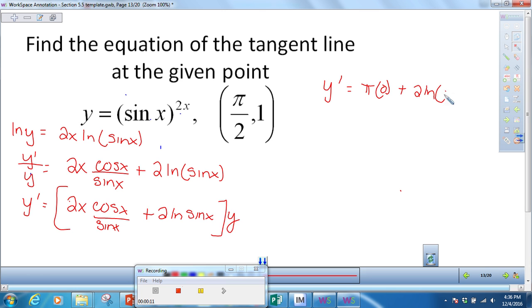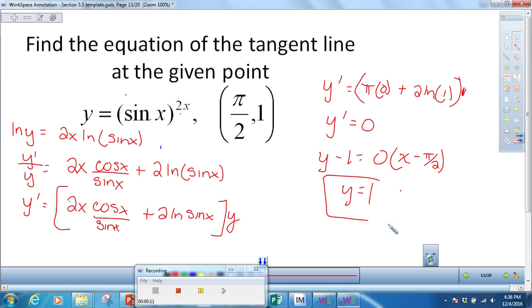So that's the natural log of 1 times y, which is 1. But the natural log of 1 is 0, so I have 0 plus 0, so y prime is 0. So I get y minus 1 is equal to 0 times x minus pi over 2. Then it would just be y equals 1. Seems like a waste for such a nice problem, but that's what I get.